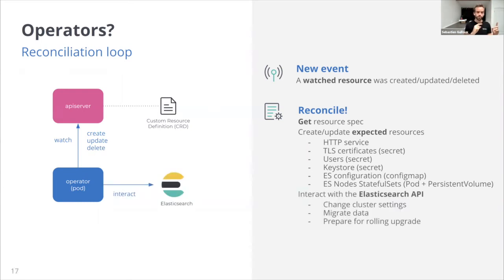But the operator also interacts with the Elasticsearch API. Say you deploy a resource that specifies an Elasticsearch cluster, and maybe later on you update that resource because you don't want 10 nodes anymore, you just want one single node.